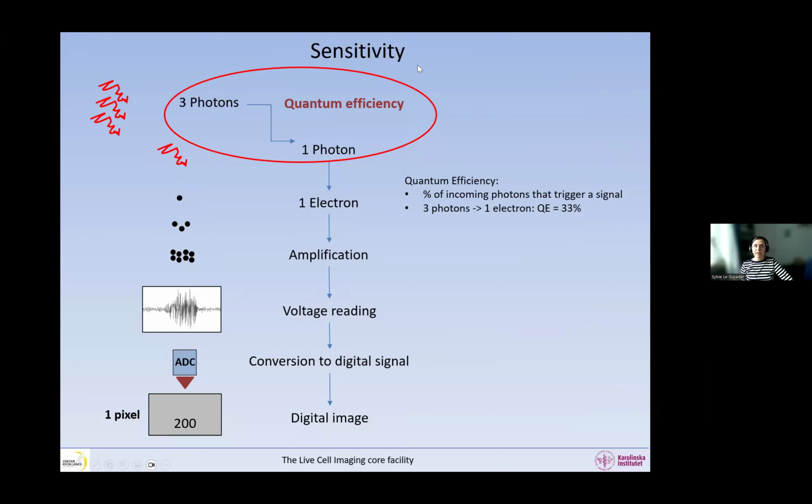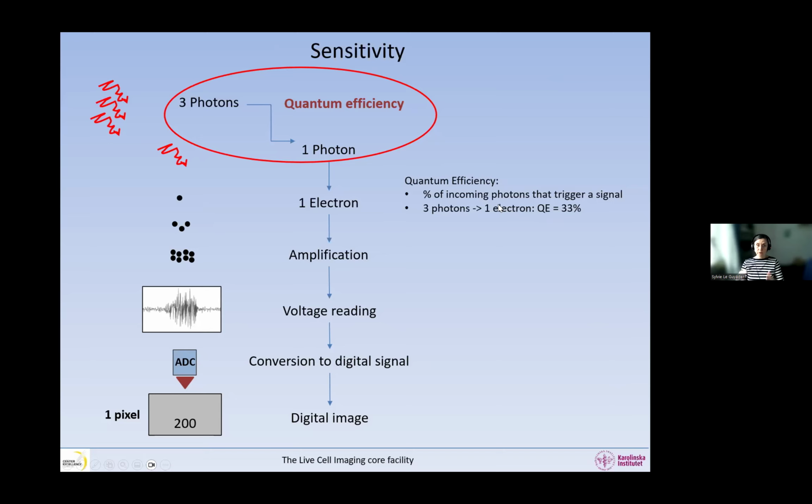The sensitivity of the sensor is basically how many incoming photons are detected. It's called the quantum efficiency. So if I have 3 photons coming in and I only detect 1, it's not very good. And I would like to have a little bit more. So the quantum efficiency is the percentage of incoming photons that trigger a signal. So in here, it would be 33%.